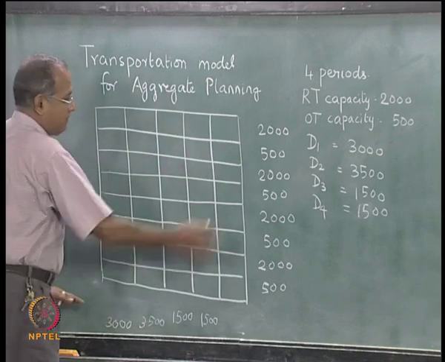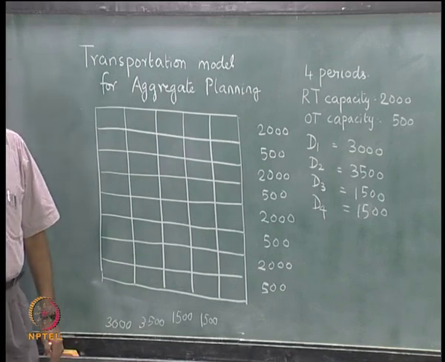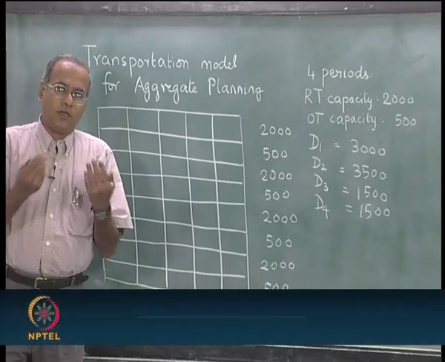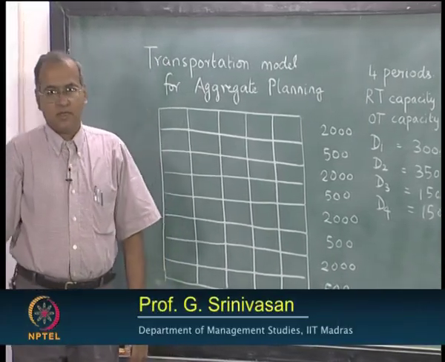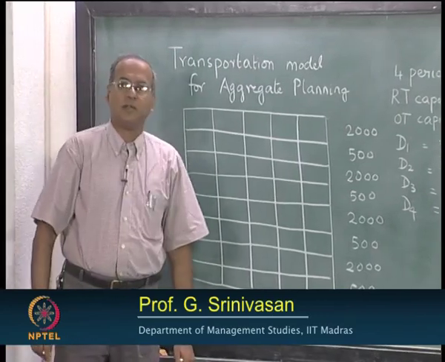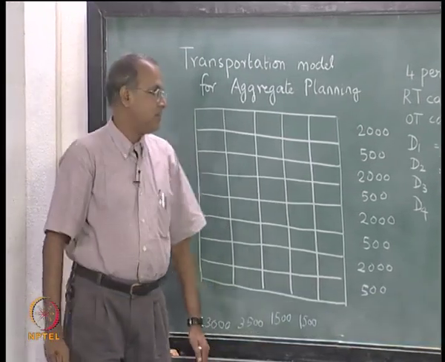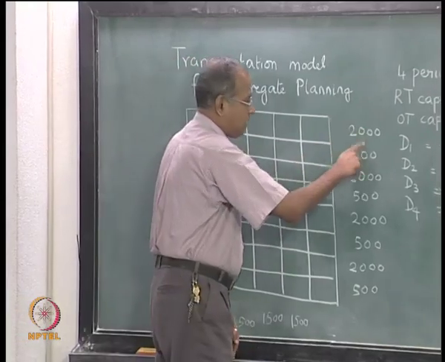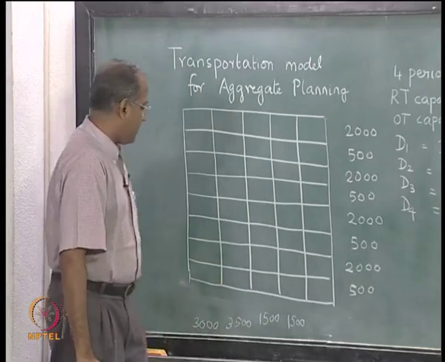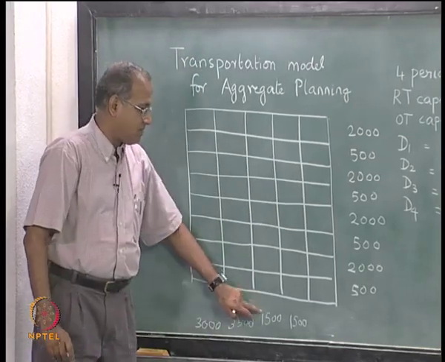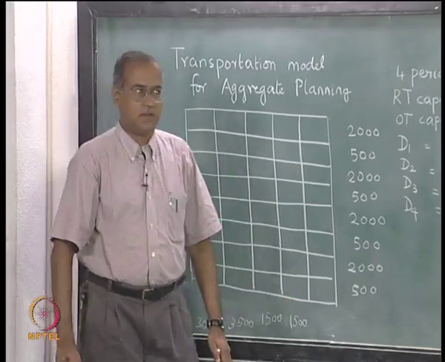Now we have created the basic structure for a transportation problem. We all know that we always solve balanced transportation problems. Therefore we have to find out the total supply and the total demand. Total supply is 2500 into 4, which is 10,000. Total demand is 6500 plus 3000, which is 9500.